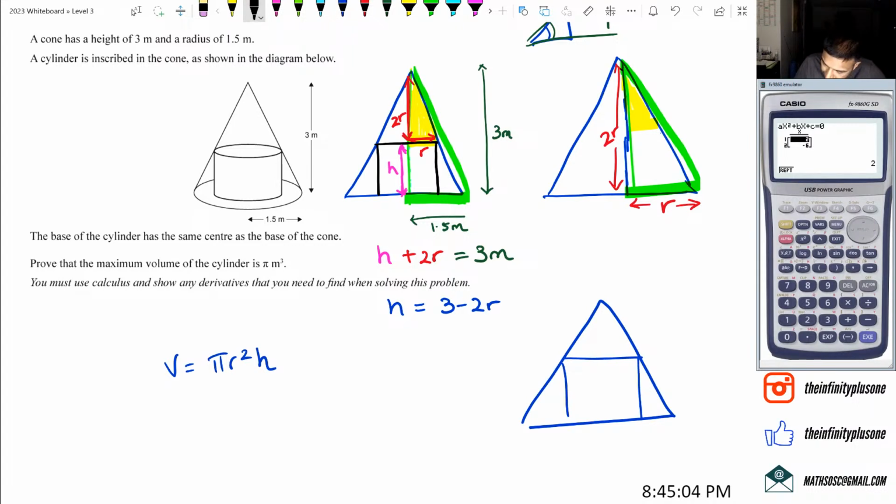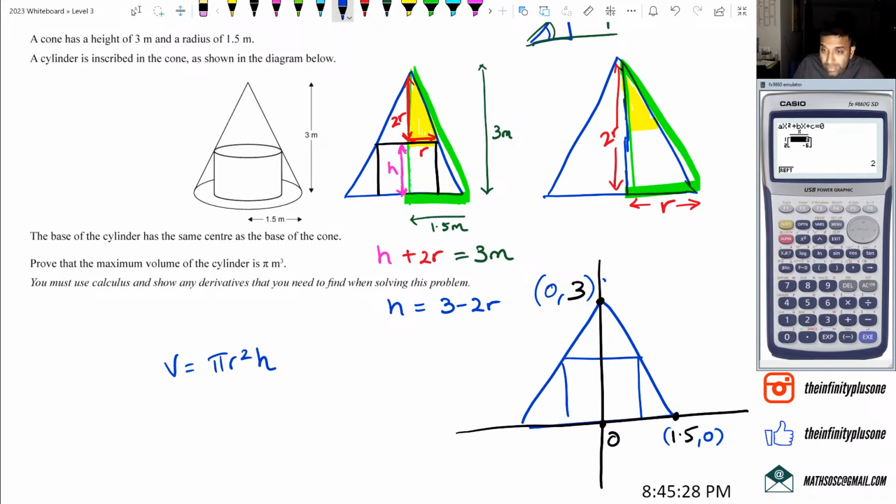Now what I did before was I put an x and y axis there. That's going to be 0. That's going to be 3. That's going to be 1.5. So here, this point is 1.5, 0, and this point here is 0, 3. When you have those 2 points and your y-intercept, you've got y equals mx plus c.